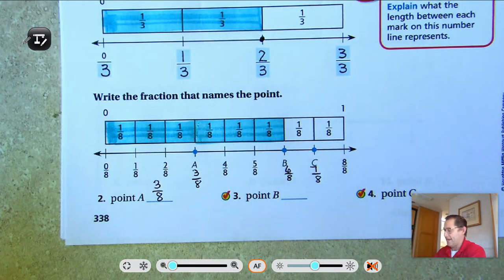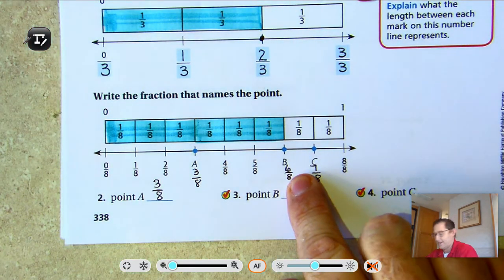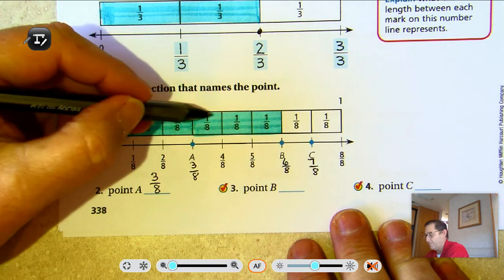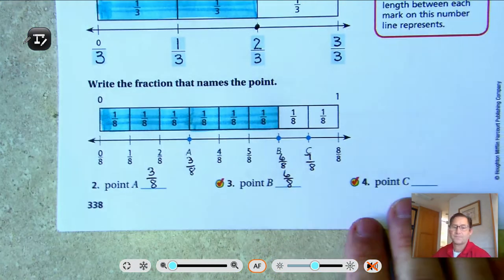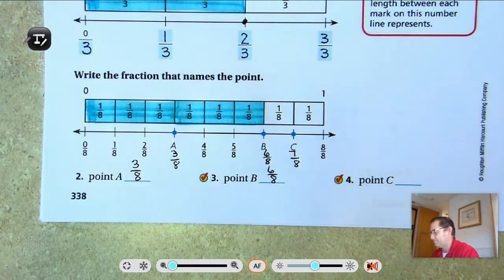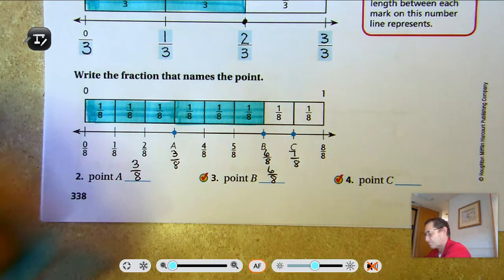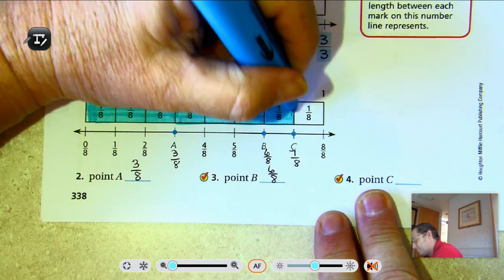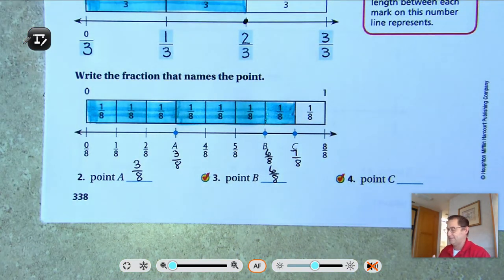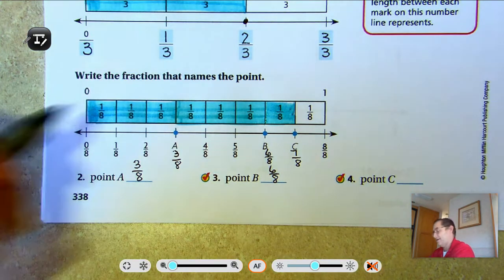And now we would be at 6/8. 1, 2, 3, 4, 5, 6. 6/8. And the last one, we only have to add one more 1/8, and we would be at 7/8.